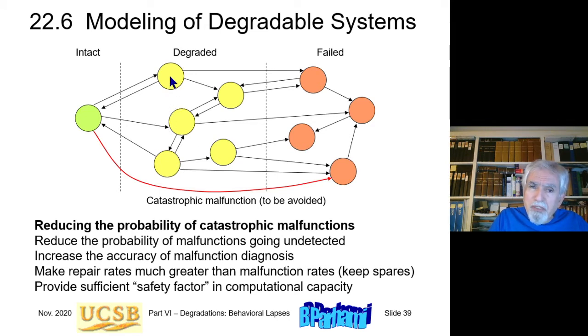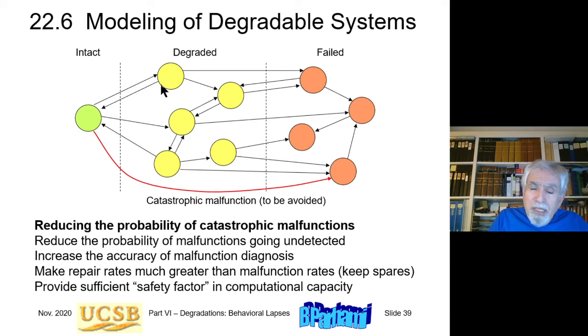Maybe a processor was lost there, some memory was lost there, and so on. So these are degraded states, and some failed states that we hope never to get into. And the system, as usual, in this state space model, transitions between these. So a processor malfunctions, it goes here, then we have repair, take it back there.